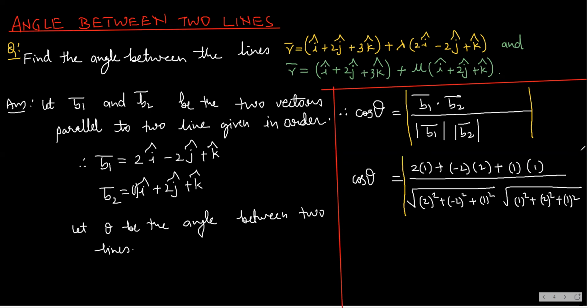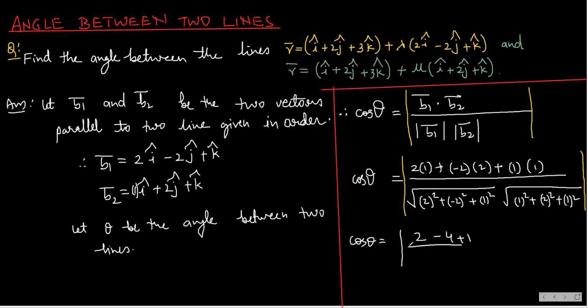Okay, let's see what happens here. So I notice that cos of theta is, I'm getting 2 into 1 is 2, minus 2 into 2 is minus 4, and 1 into 1 is plus 1.